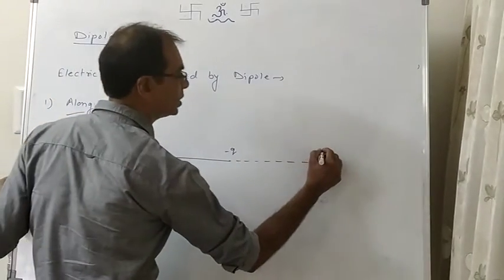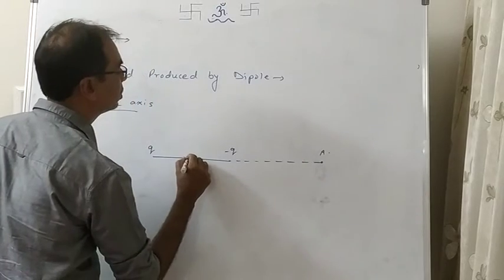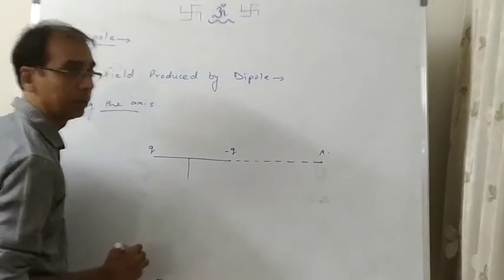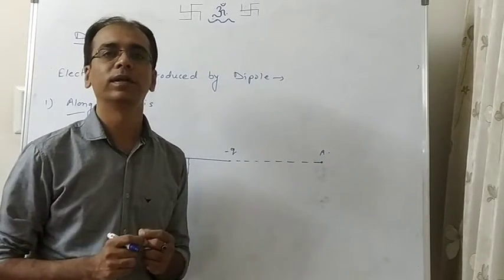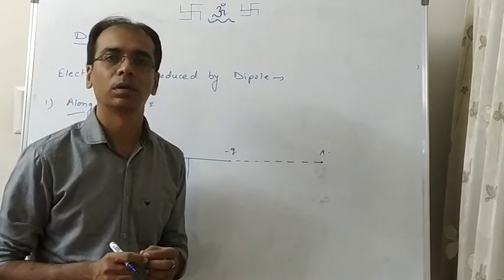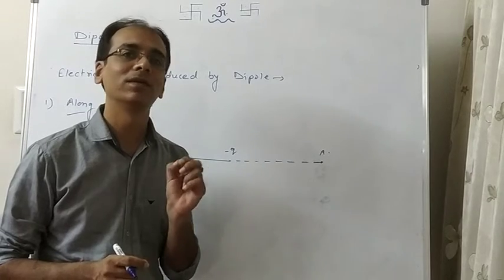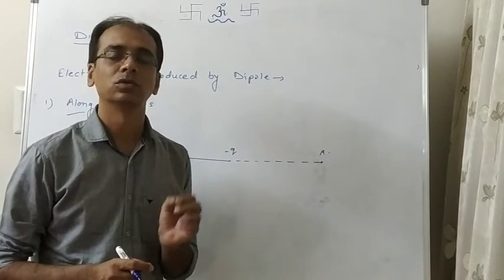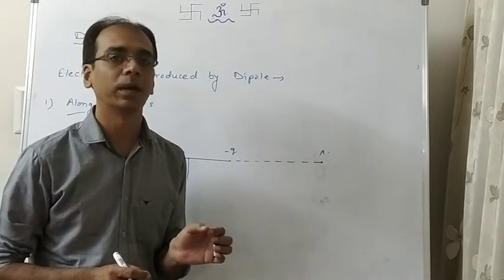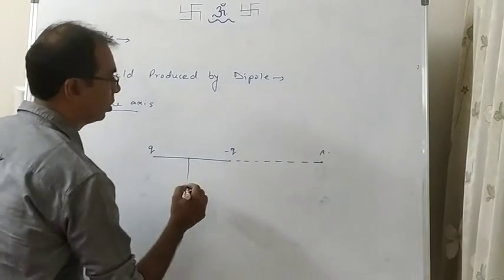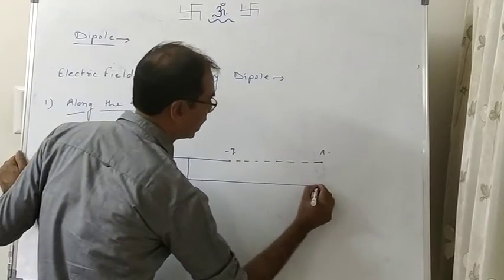So let's say this point is A, and the separation of this A from the middle point of the dipole. Remember that the position of any other point we will take always from the middle of the dipole. Why? Because the dipole is very, very small. Okay, so reference point in case of the dipole is always middle of the dipole. So this is middle of the dipole, and this distance I am taking as r.